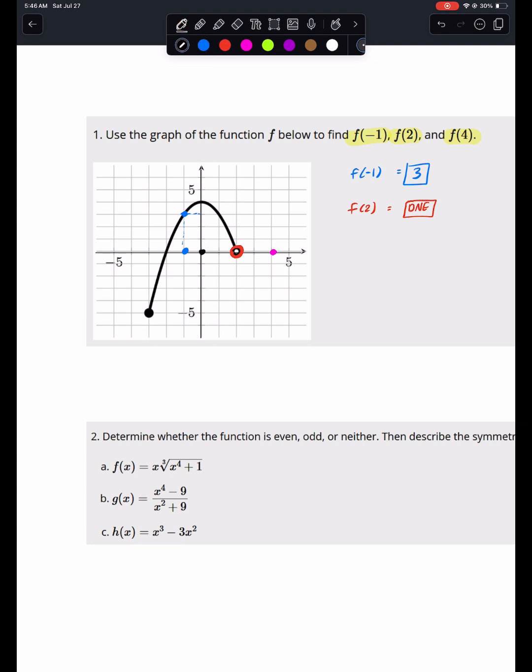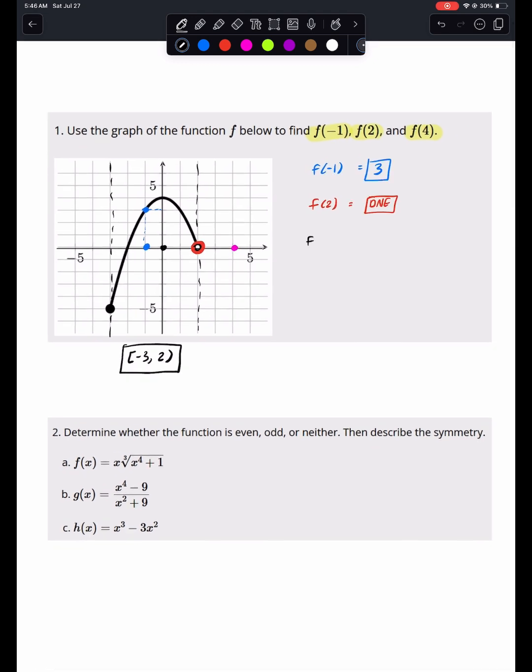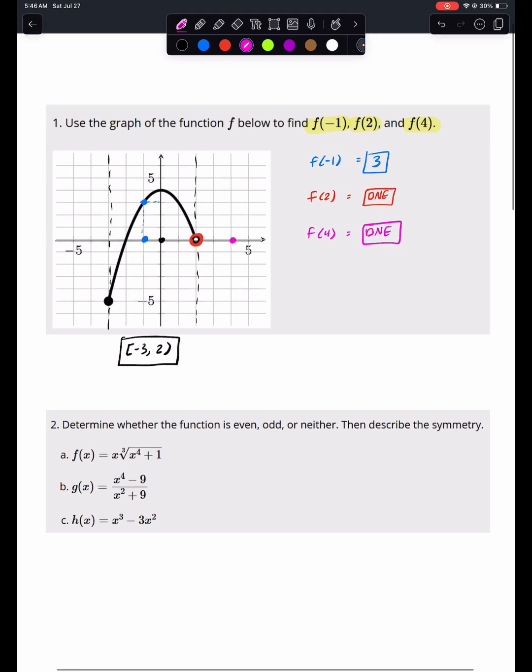The bounds of the graph are from what seems to be -3 to 2, right? Like if we were talking about domain, our domain is -3, 2, inclusive for -3, exclusive for 2. 4 is outside, so it does not have a solution. So it too will be does not exist. And that is question 1.